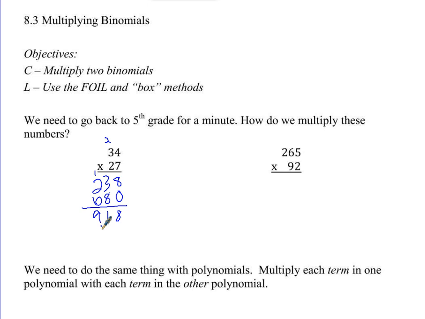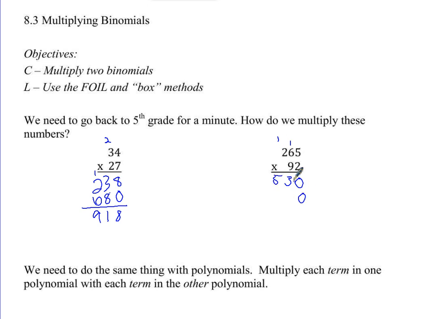All right, stay in 5th grade, and I want you guys to do this problem here. What do we get? Okay, so 2 times 5 first is 10, carry the 1. 2 times 6 is 12, plus 1 is 13, carry the 1. 2 times 2 is 4, plus 1 is 5.